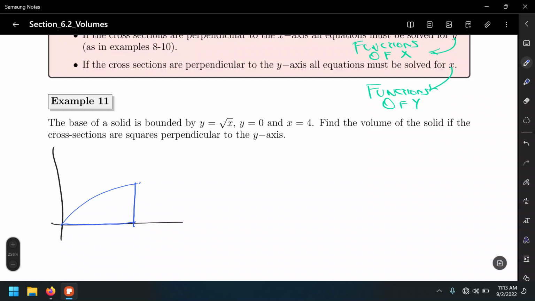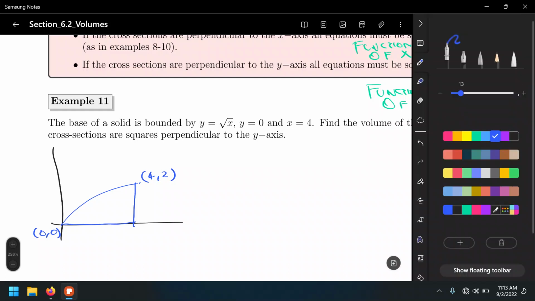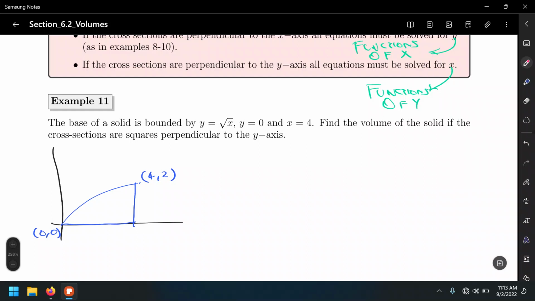Let's write down the points of intersection because we're going to need this in order to define the limits of integration when we find the volume. If we were to do it with squares perpendicular to the x-axis, it would look like this. But they're not asking us to create squares perpendicular to the x-axis, but rather in the other direction.